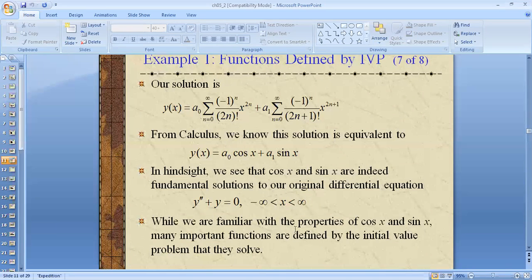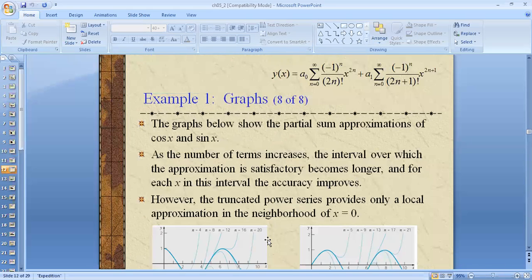While we are familiar with the properties of cos x and sin x, many important functions are defined by the initial value problems they solve. Here we solved the ordinary differential equation by the power series method. The graphs show the partial sum approximations of cos x and sin x.